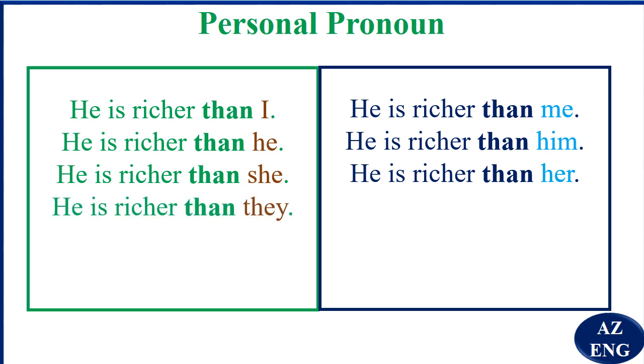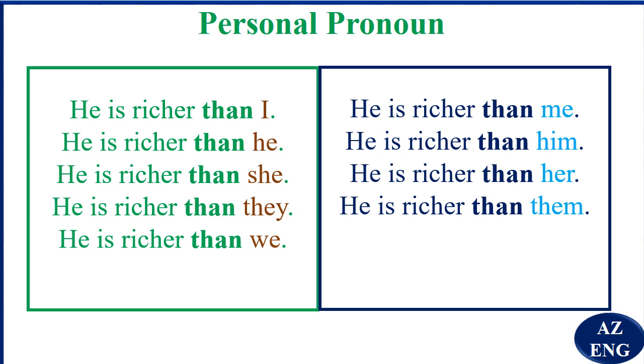He is richer than they? Or he is richer than them? He is richer than we? Or he is richer than us? So do you say he is richer than I, or he is richer than me? He is richer than he, or he is richer than him?